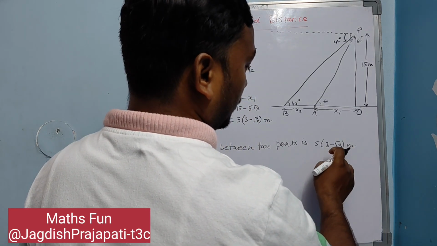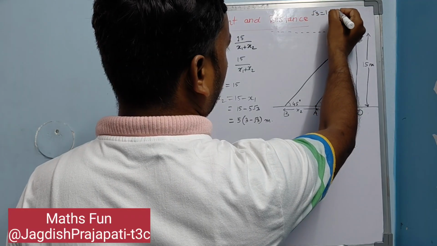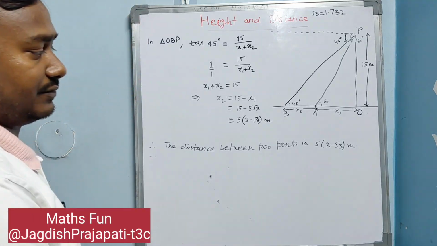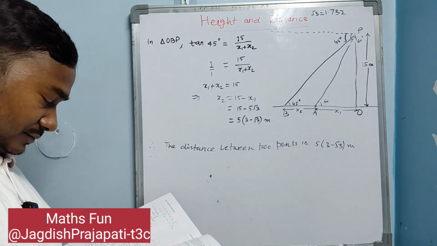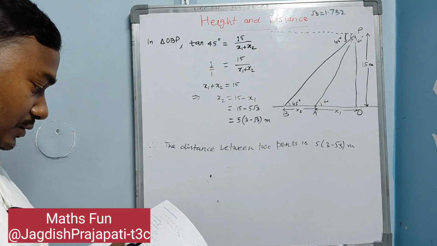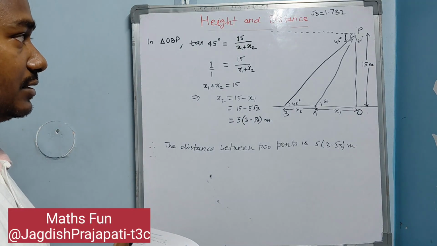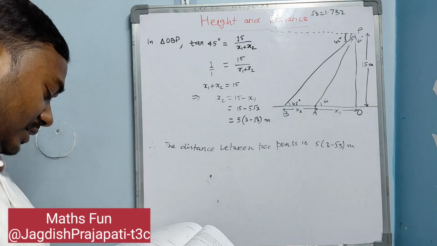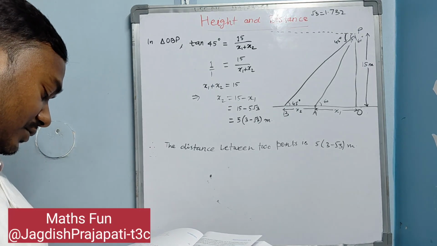You put the value of under root 3, under root 3 is 1.732, and then further simplify it. So the next question. So I am leaving one question for you as exercise. So this is question number 5. Now I will leave 6 for you and will consider the question number 7.